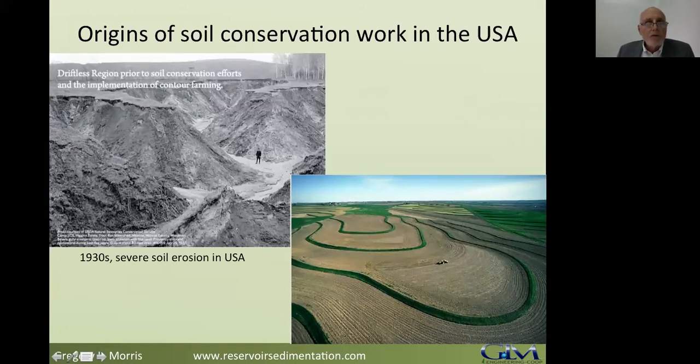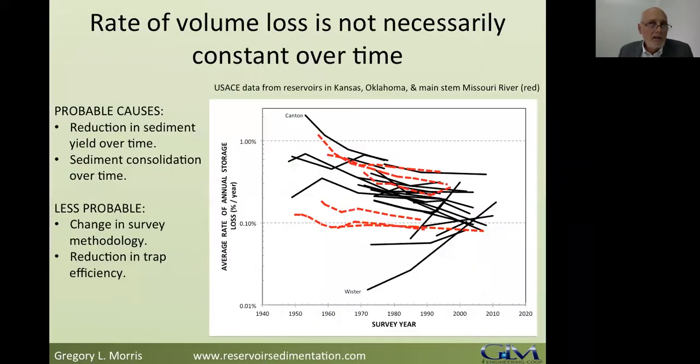And through a variety of techniques, contour planting, for instance, no-till farming, this problem has been in large part greatly reduced in the United States, but in many parts of the world, it's not there yet. Some areas, the soils are actively degrading as land use becomes more intense.